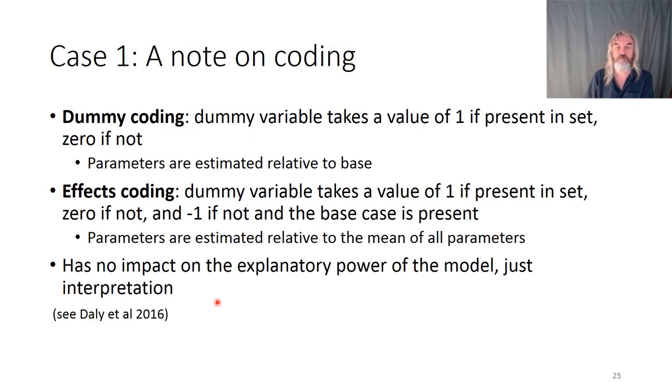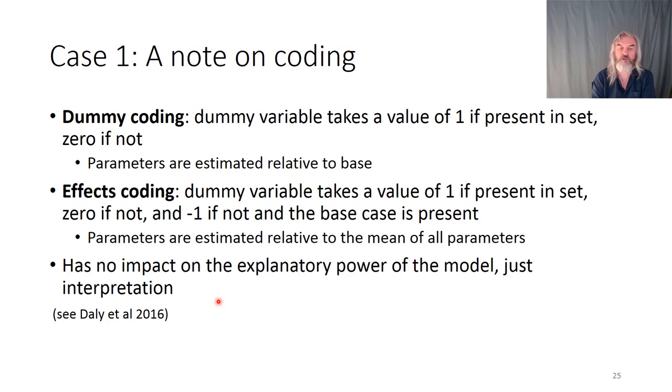A note on coding: dummy coding or effects coding. Dummy coding takes a value of 1 if present in the set, 0 if not. Parameters are estimated relative to the base. In our little example there, object 1 is the base. Effects coding: the dummy variable takes a value of 1 if present in the set, 0 if not, and -1 if not and the base case is present.